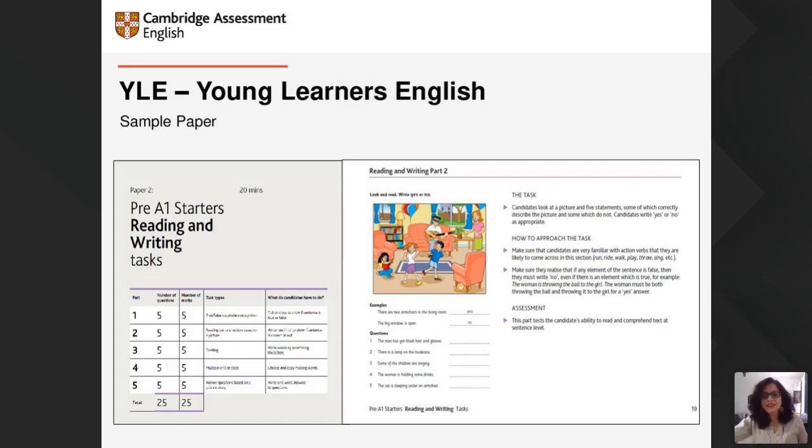So you have this kind of an at-a-glance table which gives you everything at a glance for each of the skills and for every Cambridge exam, right?